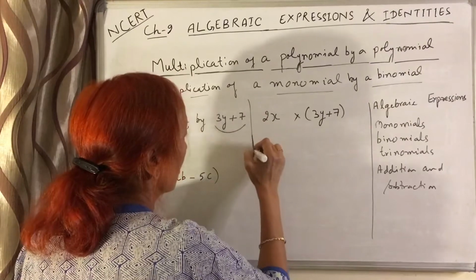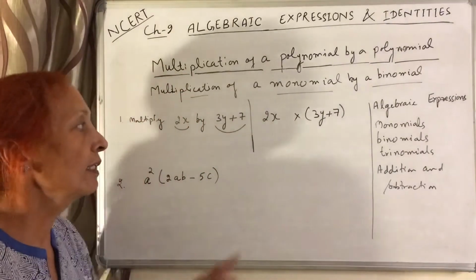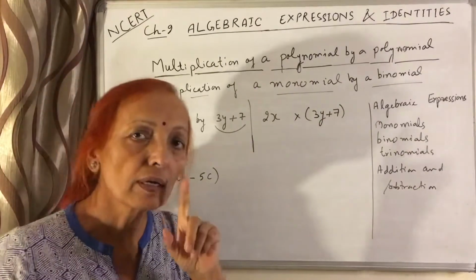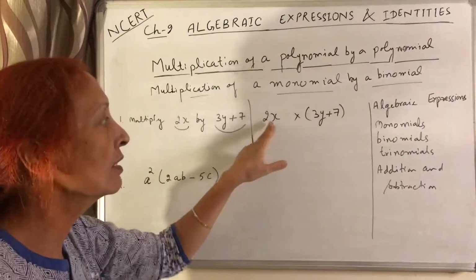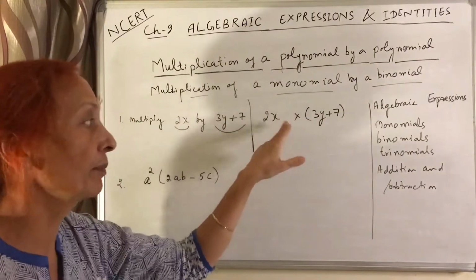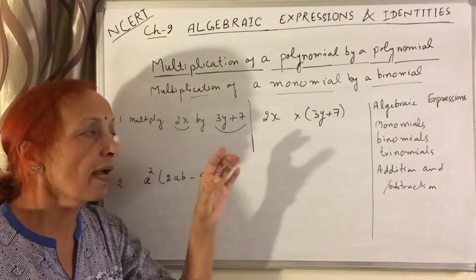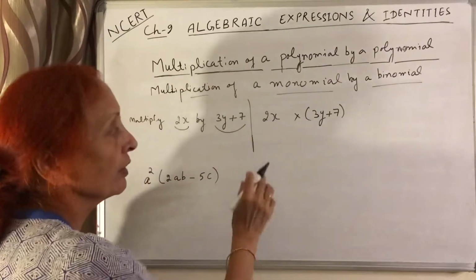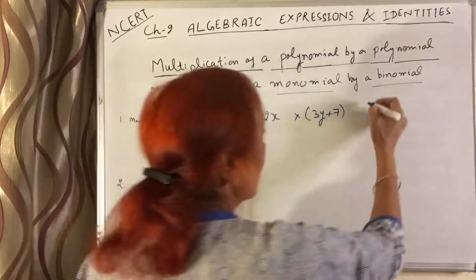So we know that these algebraic expressions represent one number. So the laws applicable to numbers are applicable here. So we will use the distributive law here. What is the distributive law?